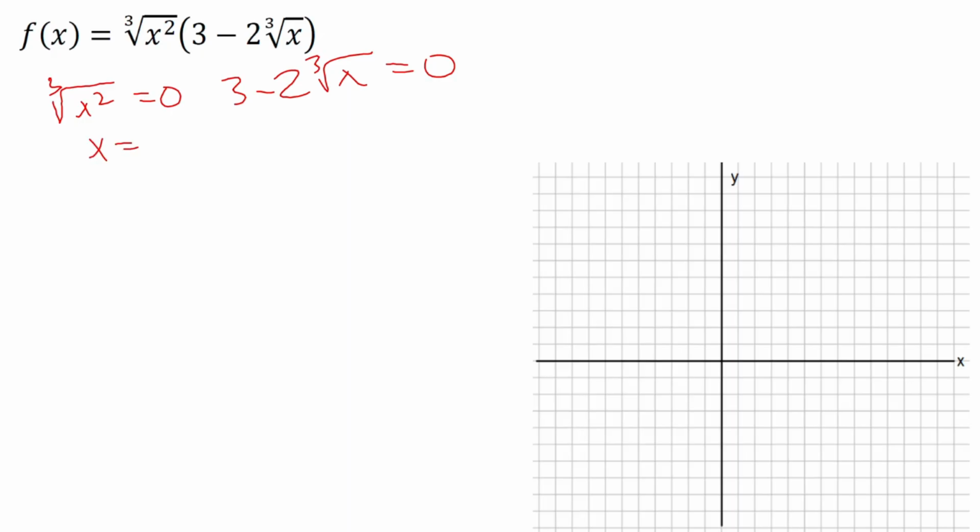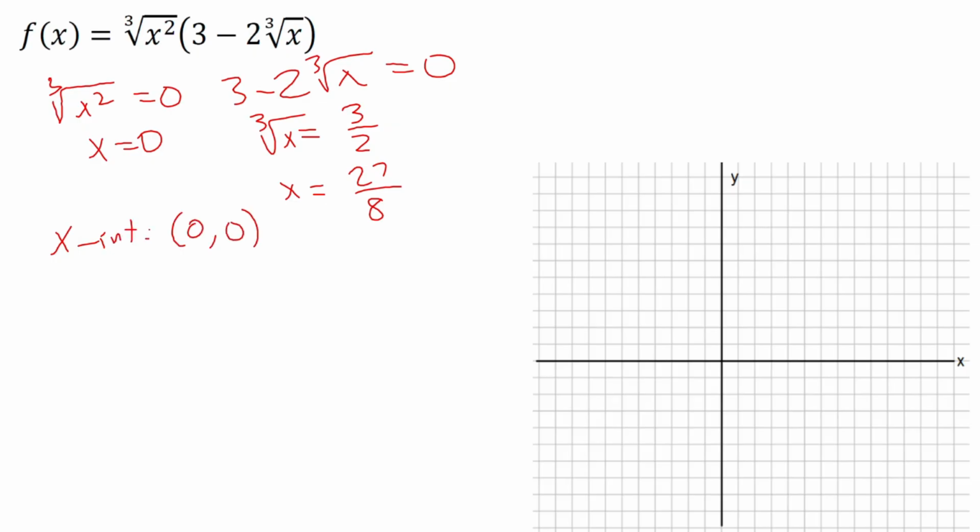So this gives us x equals 0, and this gives us the cube root of x equals 3/2, which means that x is equal to 27/8. So we've got two x-intercepts, 0, 0, and 27/8, 0. Then we also have a y-intercept. We don't need to do any work to find that. The y-intercept is just 0, 0.